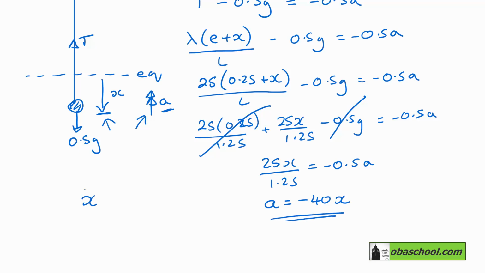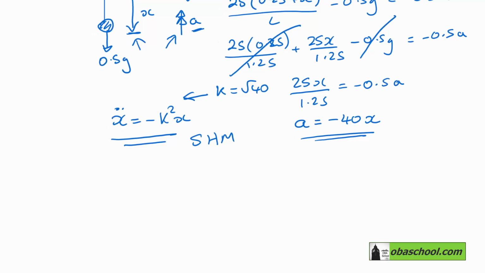So that's x double dot is equal to negative k squared x. And that shows SHM. Not only that, but we can see by comparison that k is equal to root 40.